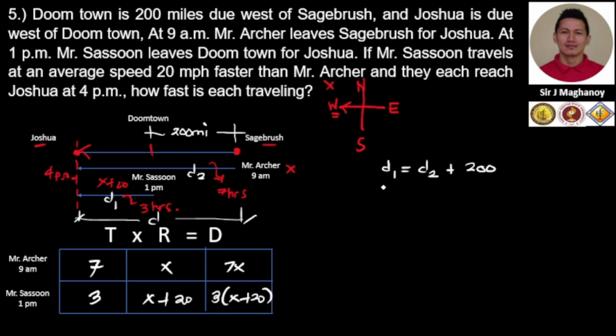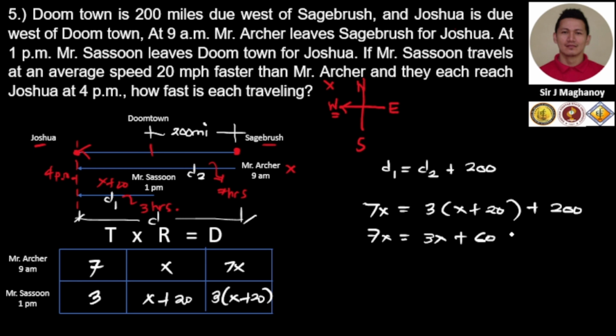Okay, if we write our actual equation based on our TRD box, it will become 7x is equal to Mr. Sassoon's 3 times the quantity x plus 20, plus the 200 miles. Okay, so don't forget the 200 miles. So we apply: 7x is equal to 3x plus 60 plus 200.